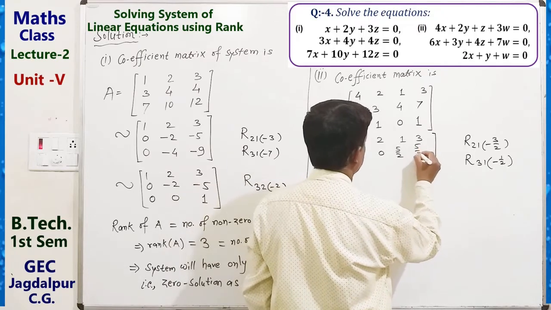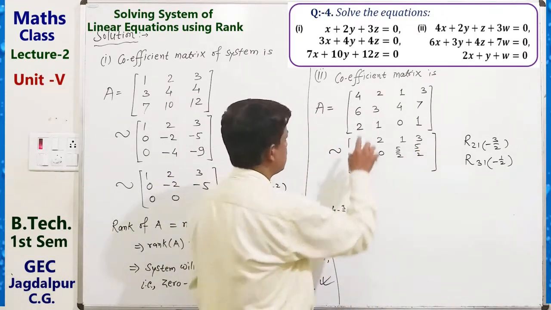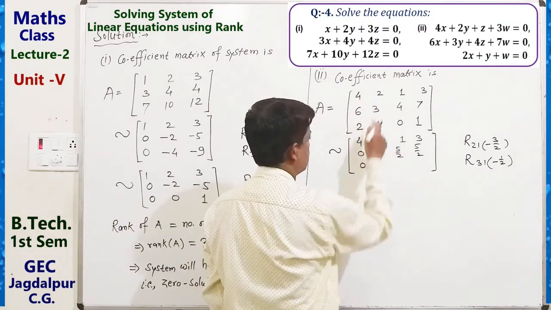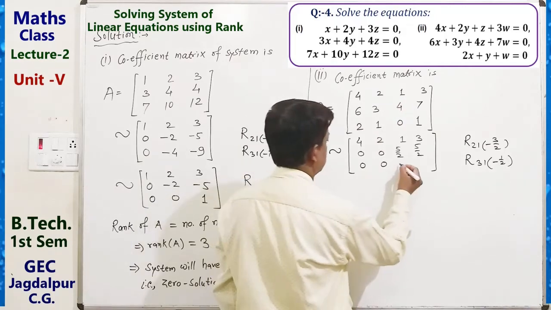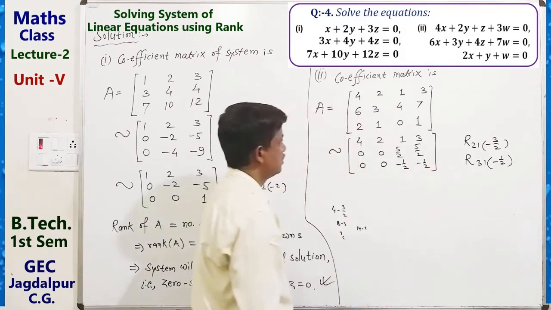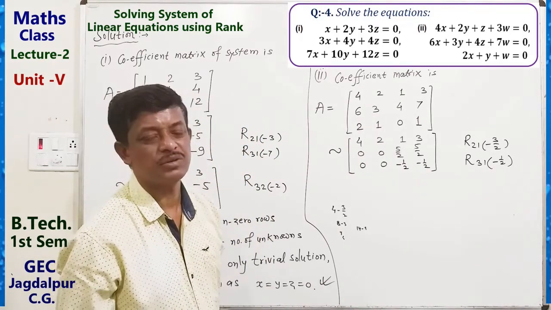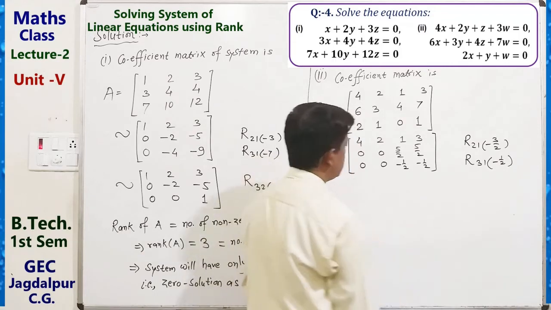Also here 5/2. Clear? And for the third row, minus half is minus half. This is also minus half. Minus 3/2 plus 1 is minus half. So we get it like this.